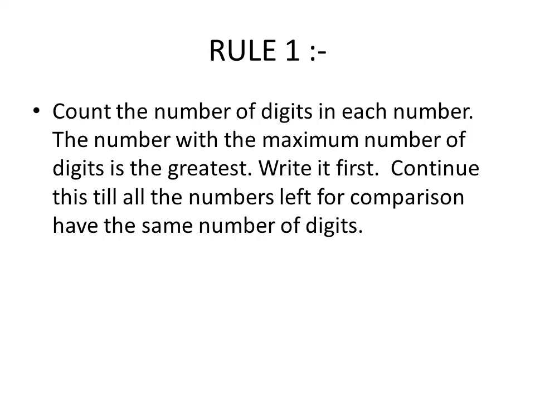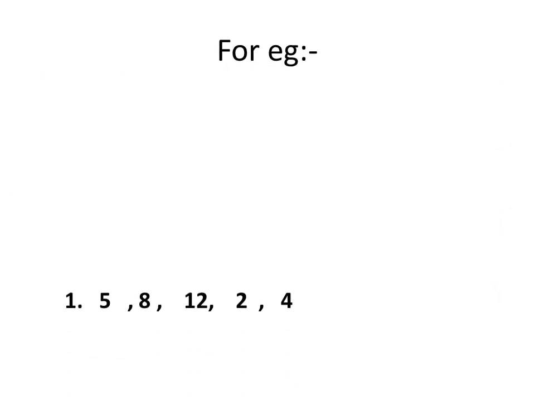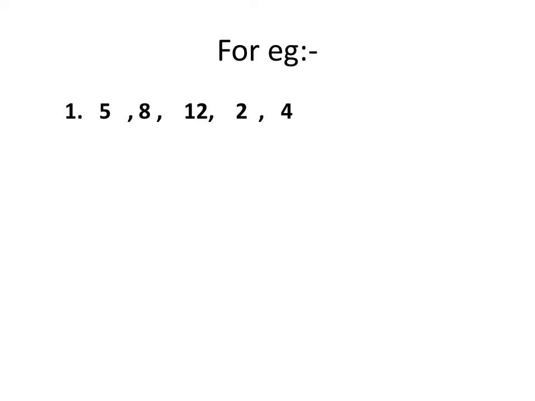Let's take an example. Here I have the numbers 5, 8, 12, 2 and 4. 5 is a one digit number, 8 is a one digit number, 12 is a two digit number, 2 is a one digit number, 4 is also a one digit number.